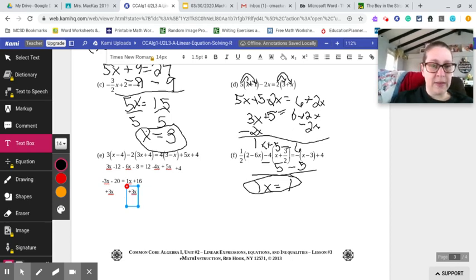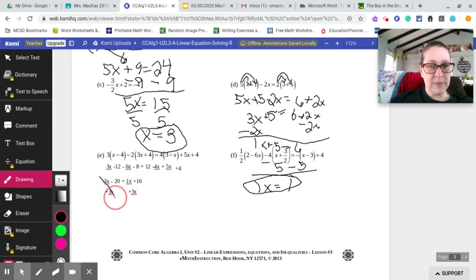These cancel each other out, which leaves me with negative 20 equals 3x plus 1x is 4x plus 16. I'm going to subtract 16 from both sides.